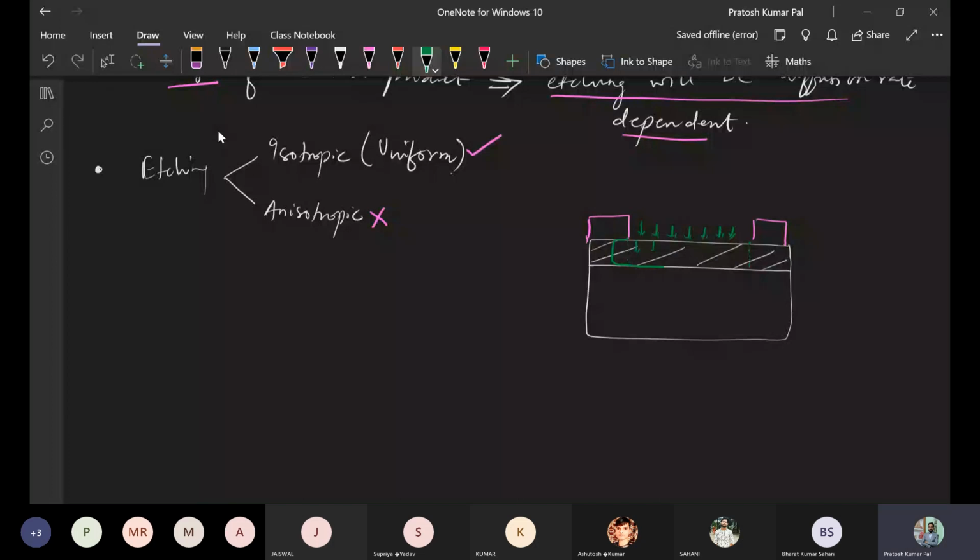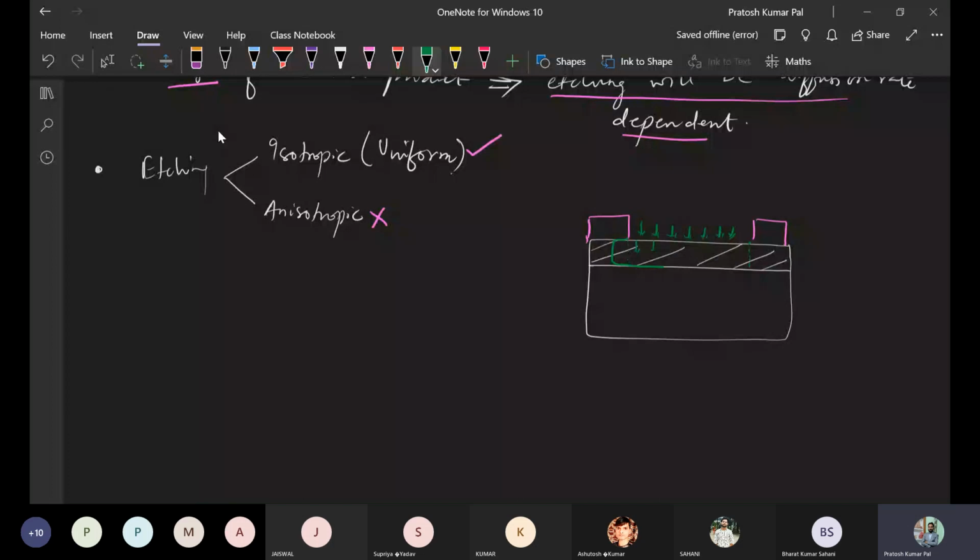The next point that we see is, whenever we are performing etching, suppose the first layer is being etched, after which the chemical reaction takes place, and the product that is obtained must be removed so that further etching can be done.